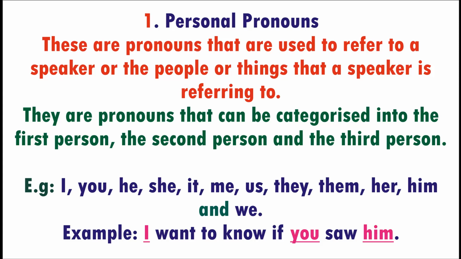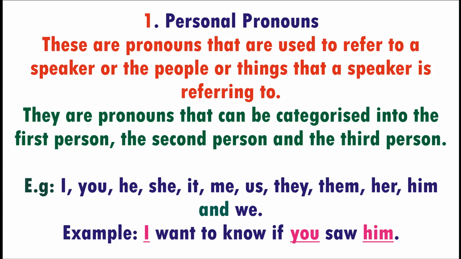This is the best way to describe personal pronouns. We can categorize personal pronouns into first person, second person, and the third person. Examples of personal pronouns are I, you, he, she, it, me, us, they, them, her, him, and we.